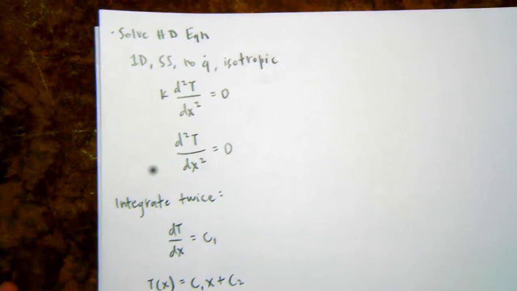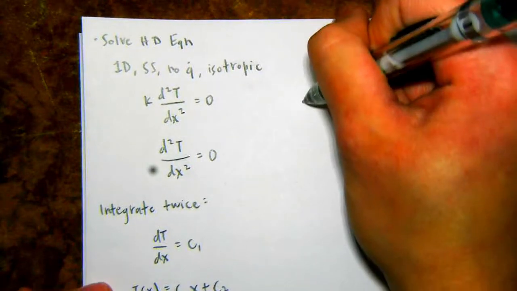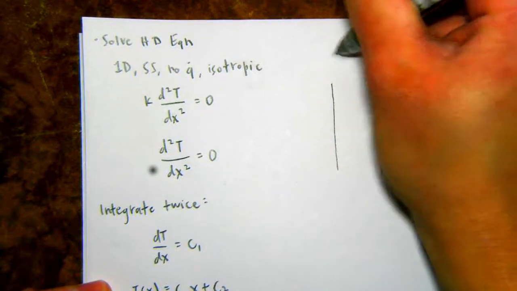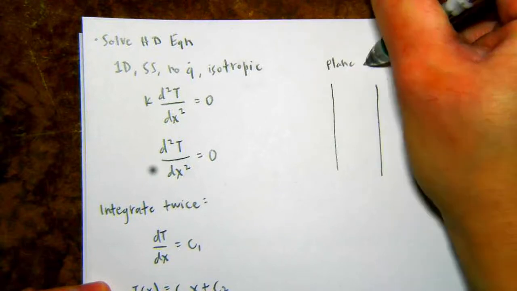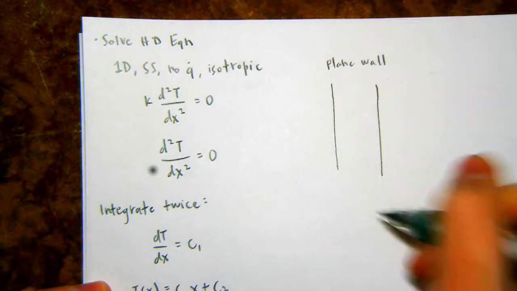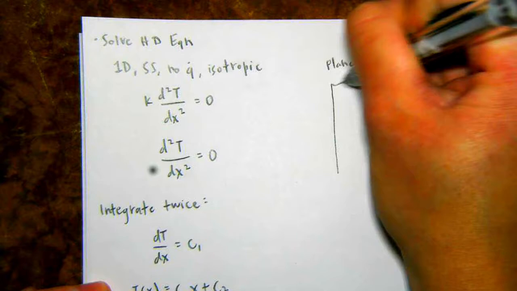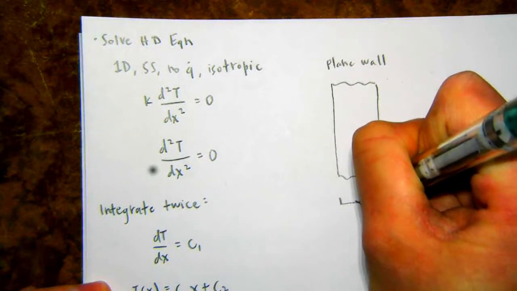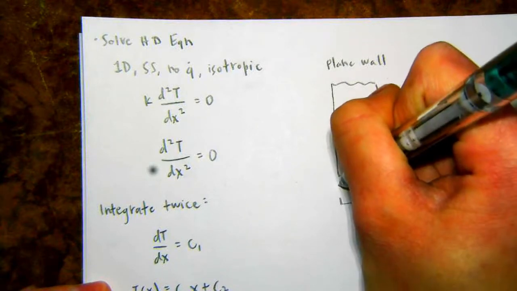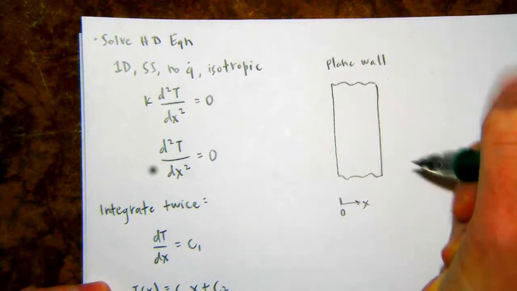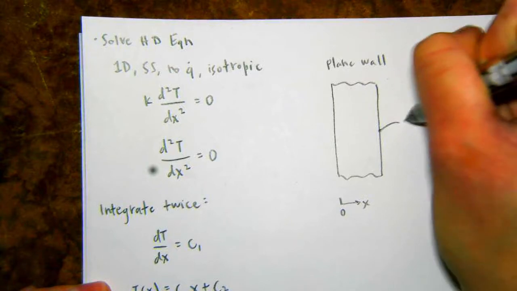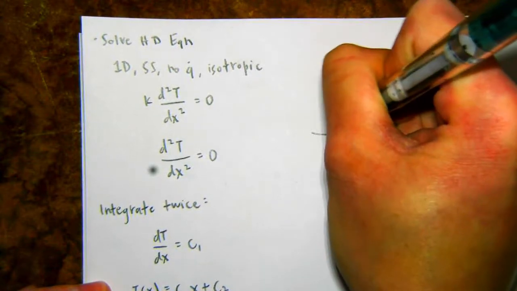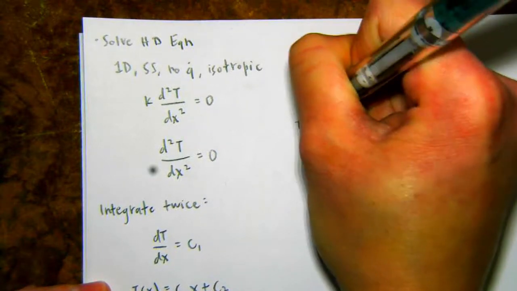A good example of this type of problem is just a plain wall. And you're maintaining both of the surfaces of the wall at two different temperatures.